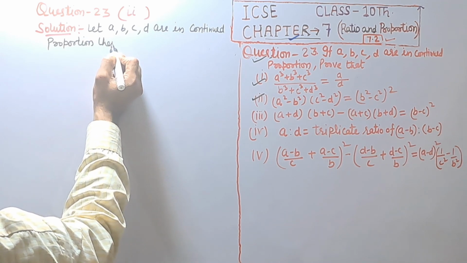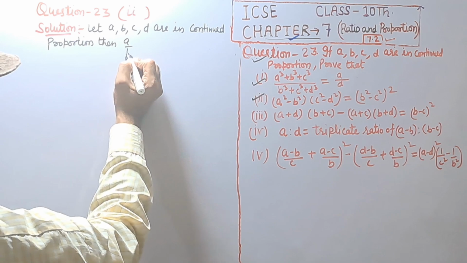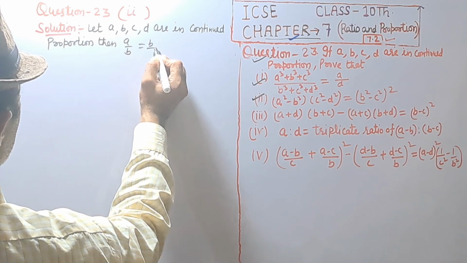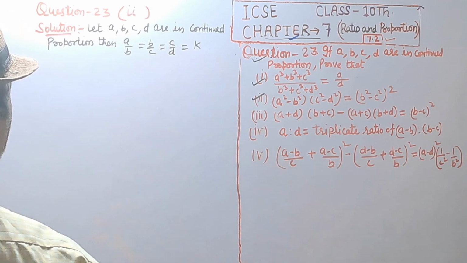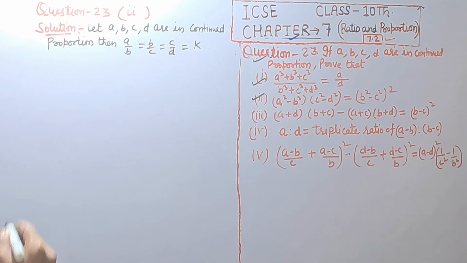Then a upon b is equal to b upon c is equal to c upon d, that is equal to k.